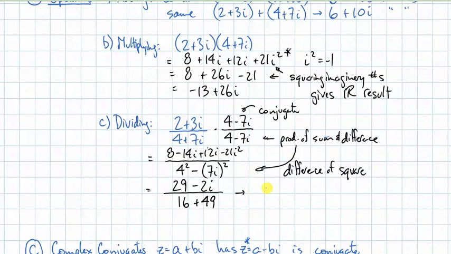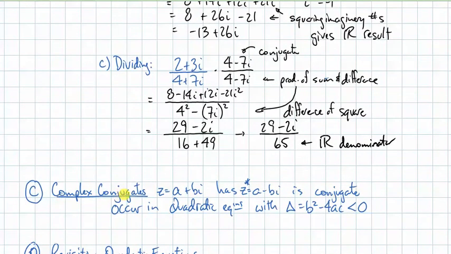And so finally, this leads to 29 minus 2i over 65. And observe that the denominator is real. Multiplication by the conjugate produces a real denominator, and that's a simplified way of writing division statements.